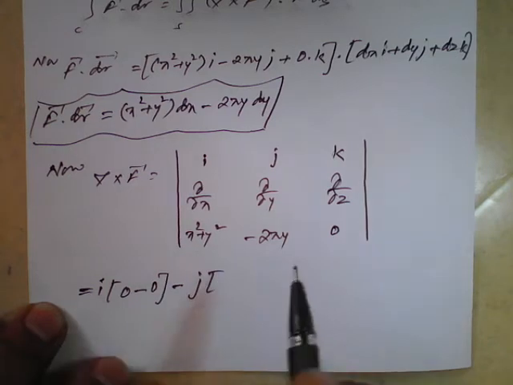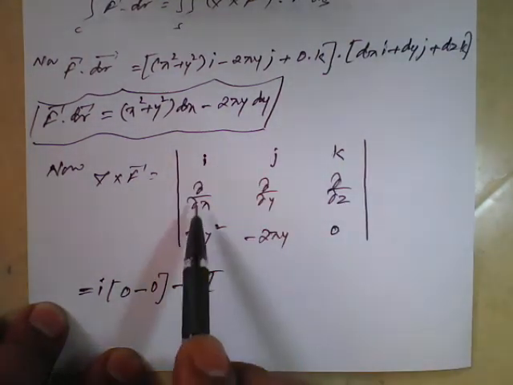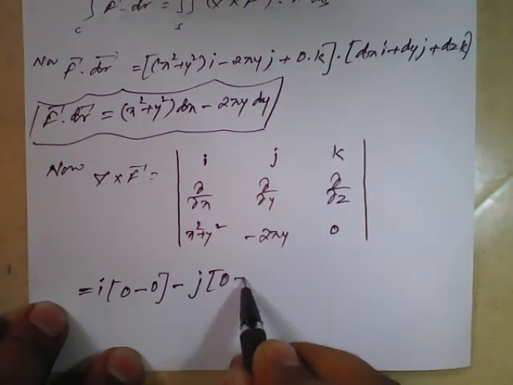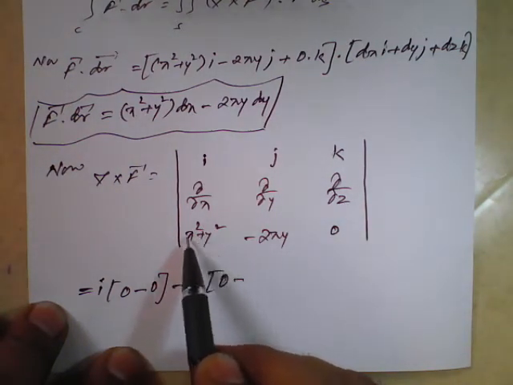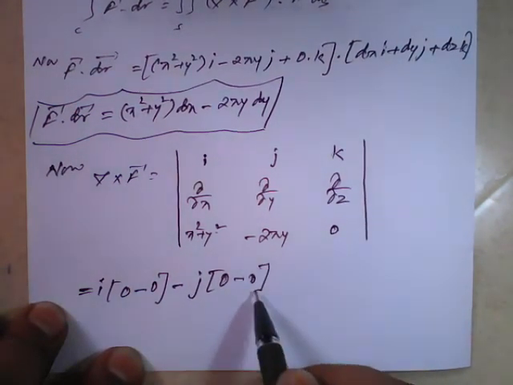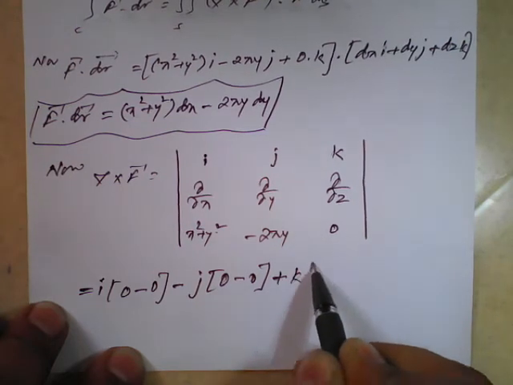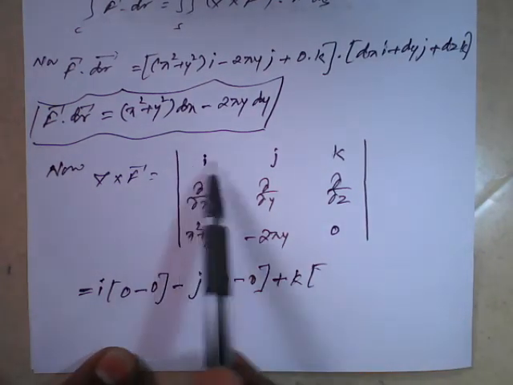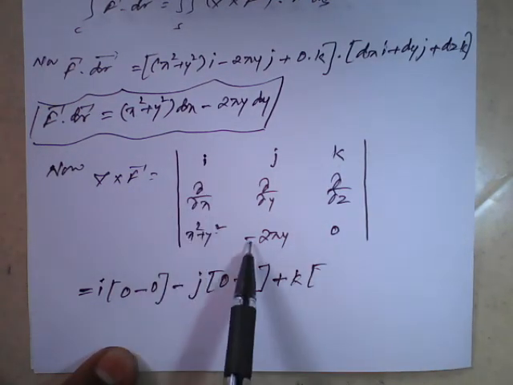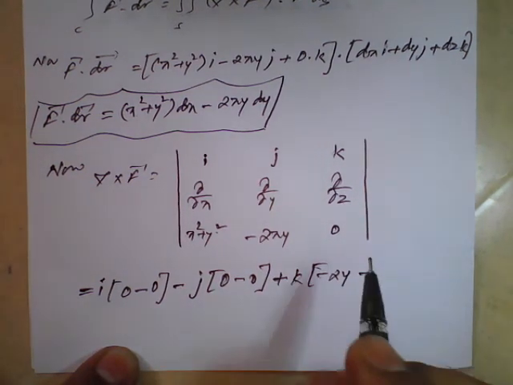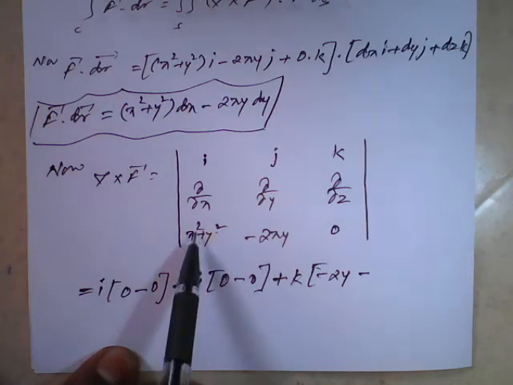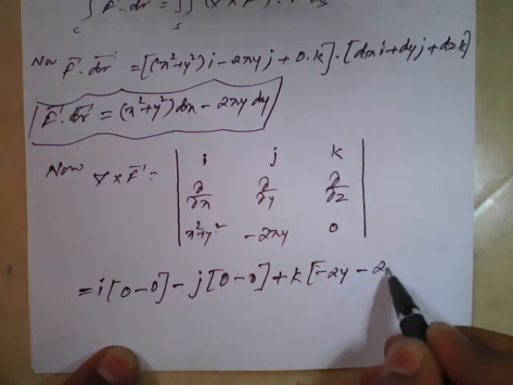Minus j times, first row middle column, dou by dou x of 0 is 0, minus dou by dou z of x square plus y square, no z term, constant, 0 with respect to z. Plus k times, first row last column, dou by dou x of minus 2xy will become minus 2y, minus dou by dou y of x square plus y square will become 2y.